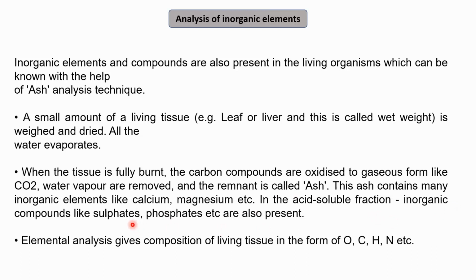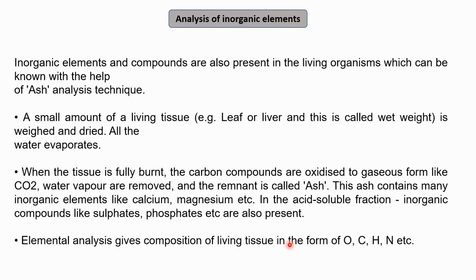Elemental analysis gives the composition of living tissue mainly in the form of oxygen, carbon, hydrogen and nitrogen. Also sulfates and phosphates are present in the acid insoluble pool. So this is about the inorganic element analysis we can perform on living tissue.